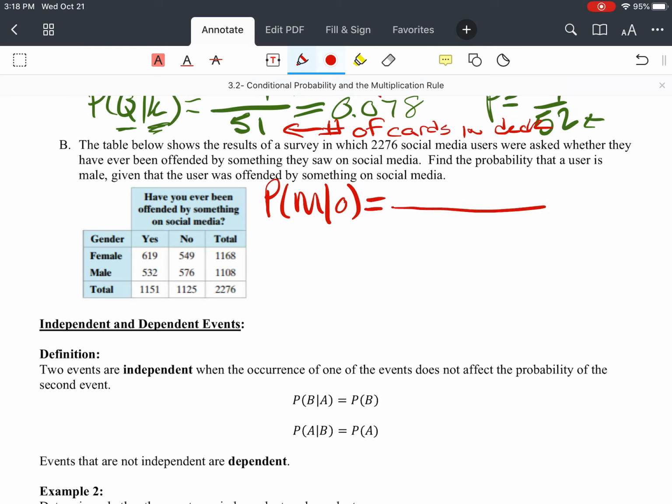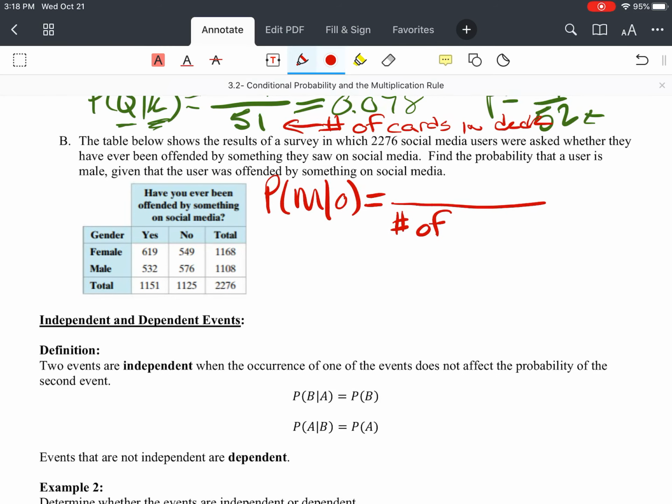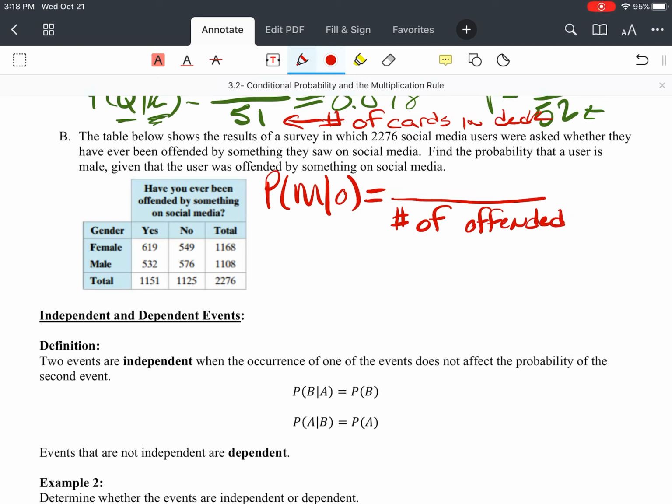So if we were to set this up, the bottom number is going to be the total number of people who are offended. We're given that someone is offended, so we're looking at the total number of people who are offended.